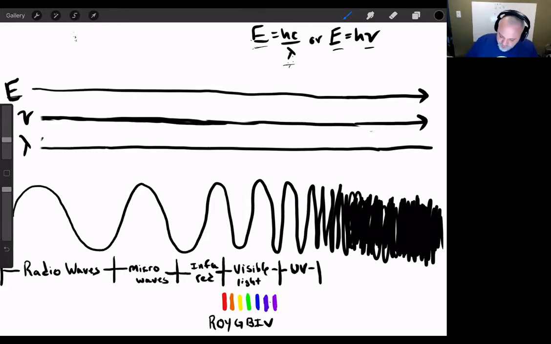Okay, so we have UV. That's strong enough to burn your skin if you stand out in the sun too long. Then we have X-rays. They're strong enough to go through your skin, but not your bones.